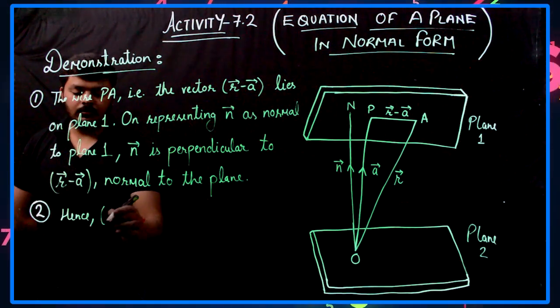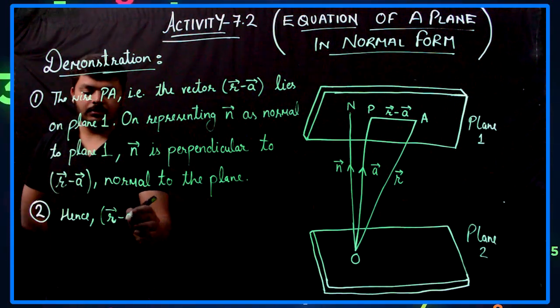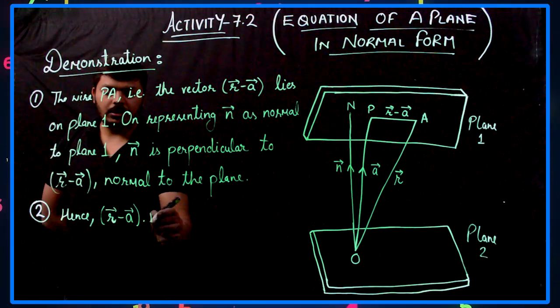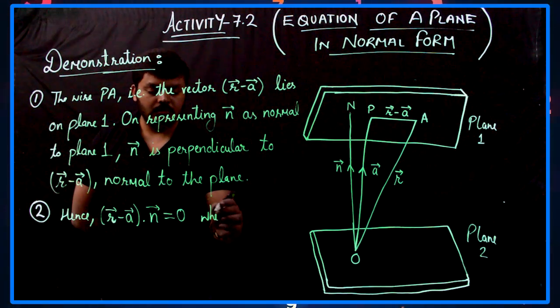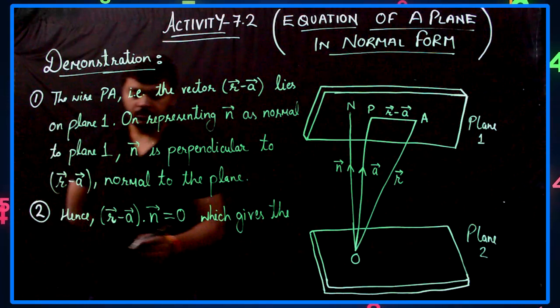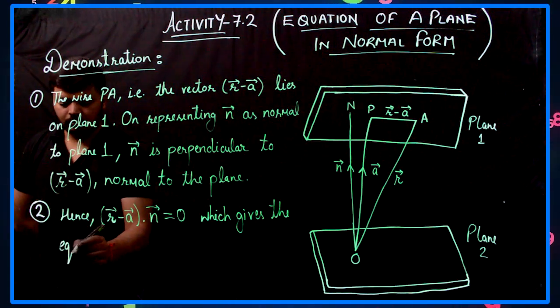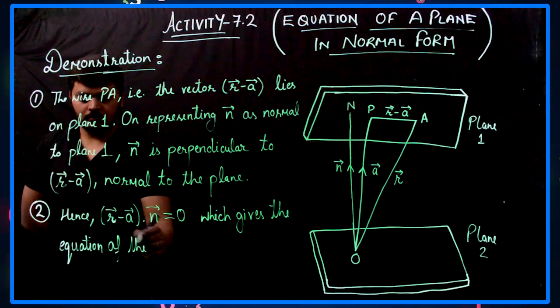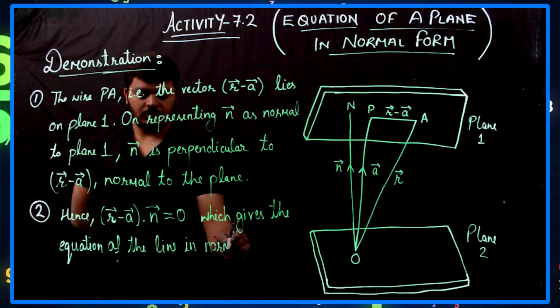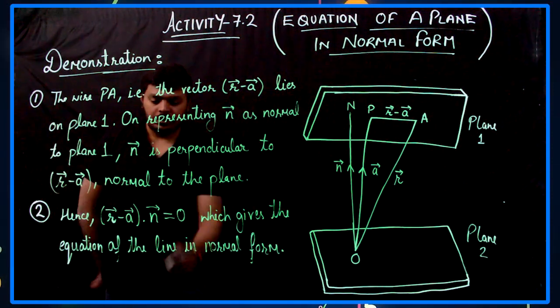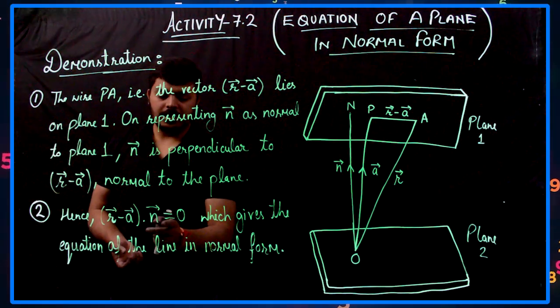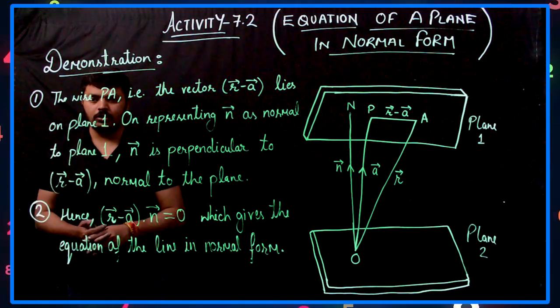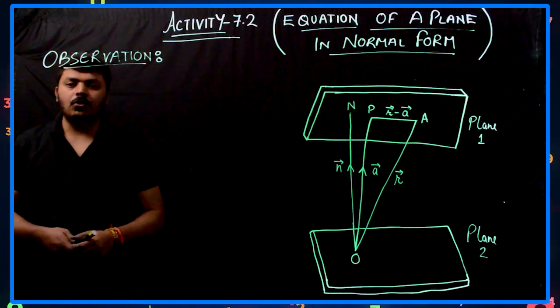Hence, vector R minus vector A dot n vector equals 0, which gives the equation of the plane in normal form. So now, let's see the observation for this activity.